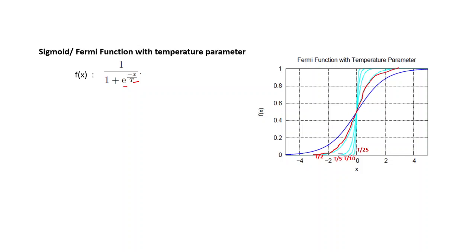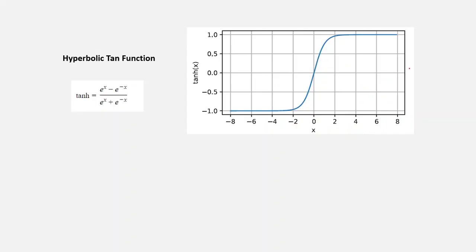And finally at T by 25 the function looks like this. So this is almost like your Heaviside function. It helps with manipulation, like how sharp you want your curve to be. That depends upon what your model is trying to find out. So the lower the temperature, the more the function is compressed towards the x-axis.